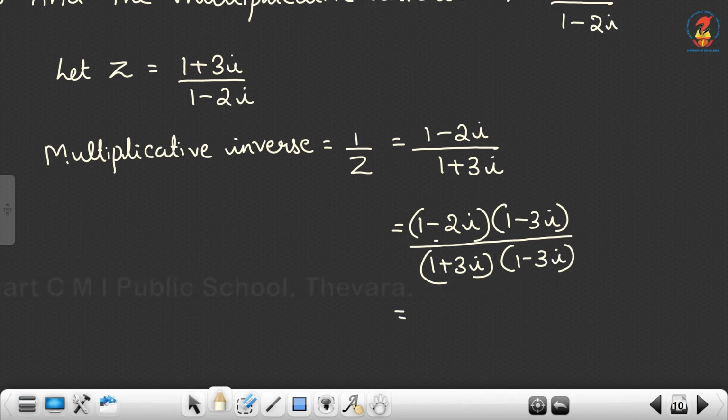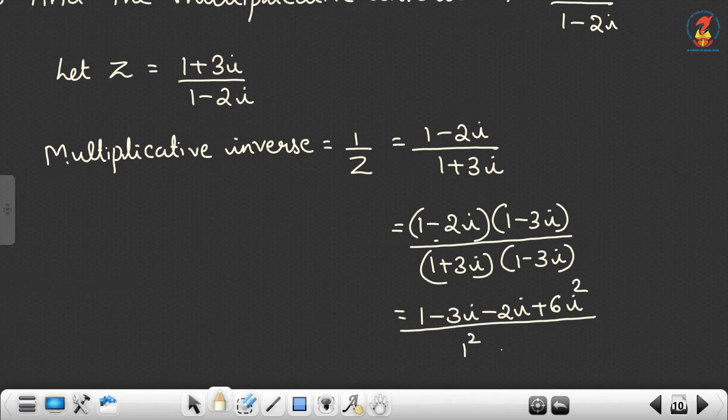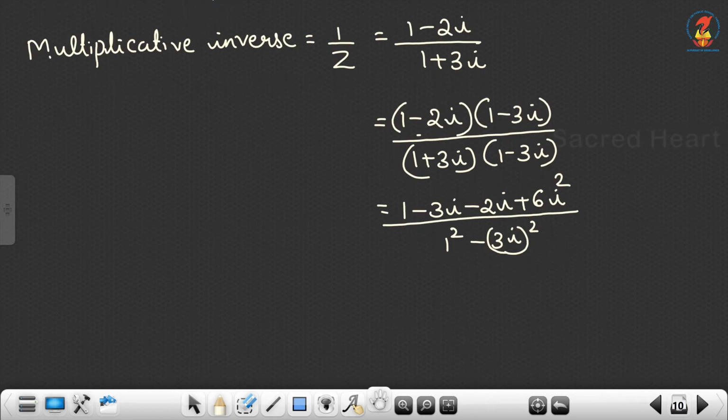Now multiply: 1 into 1 is 1, minus 3i, minus 2i, plus 6i², and the denominator by a² - b² form: 1² - (3i)². Again 6i², i² is minus 1.